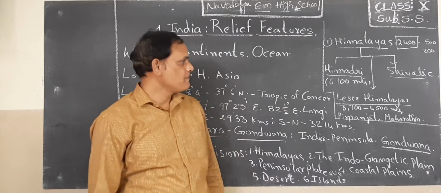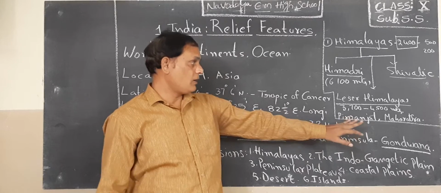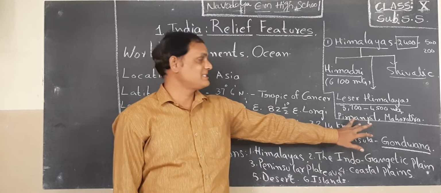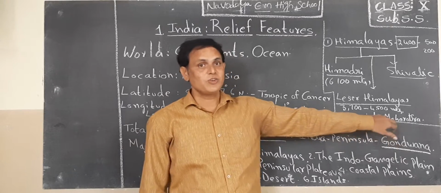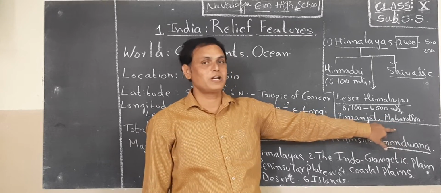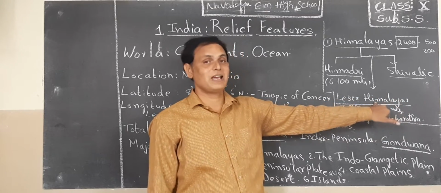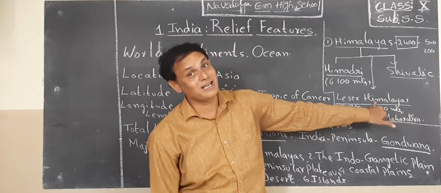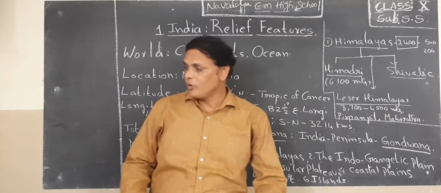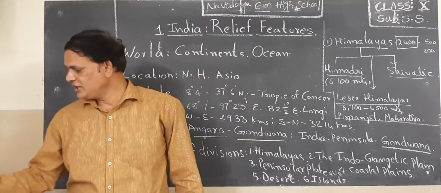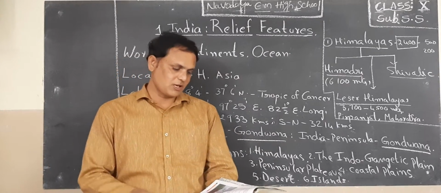Next, two important parts are there in lesser Himalayas, Pir Panjal and Mahabharata range. So these two ranges are very important, children. These two ranges are in lesser Himalayas. This is also called Himachal.